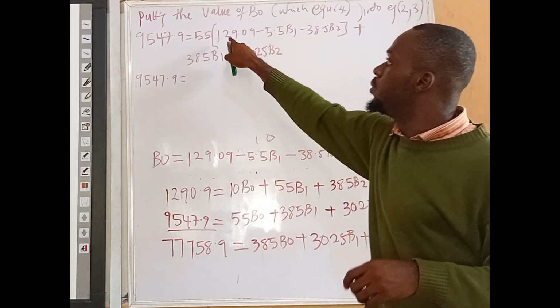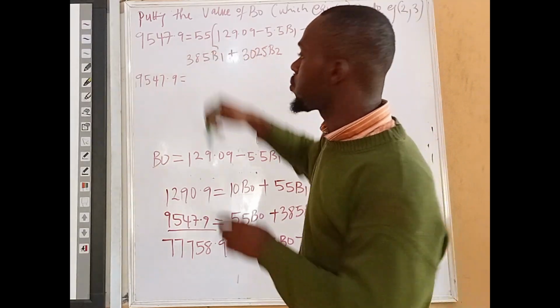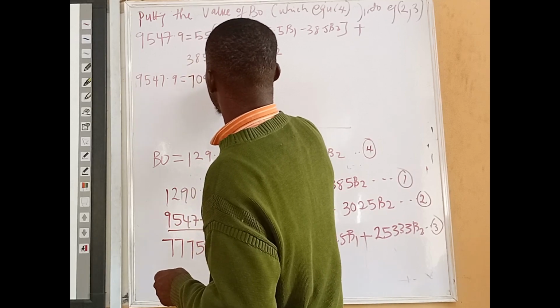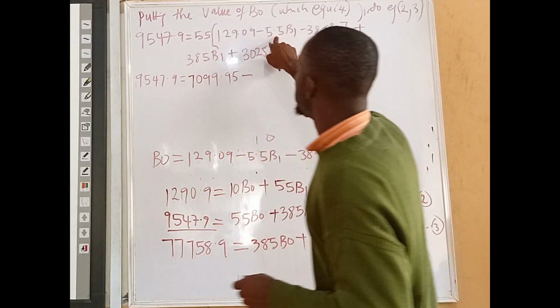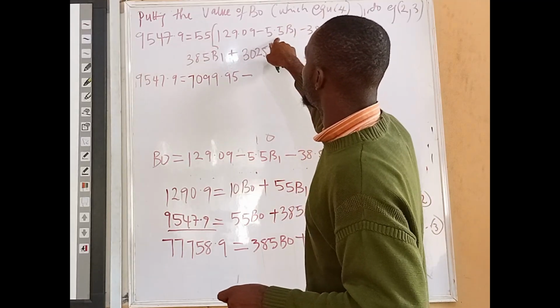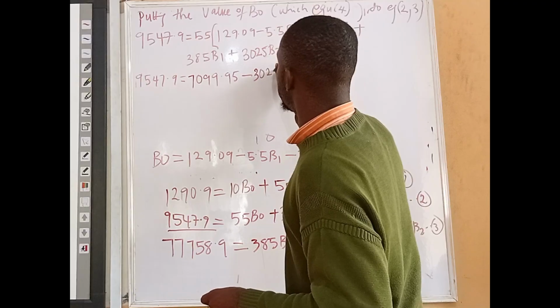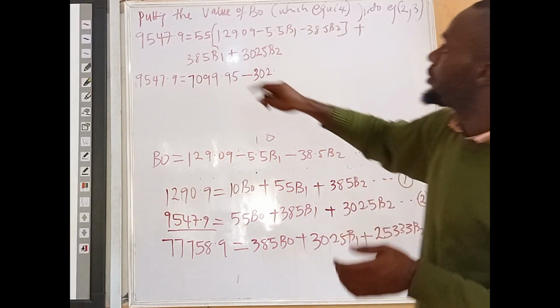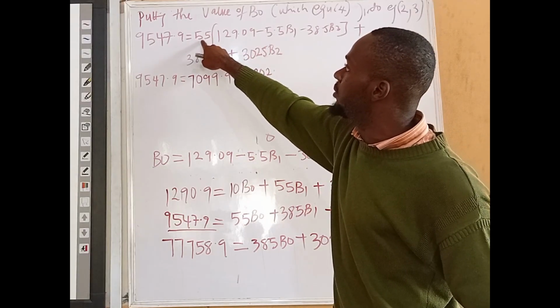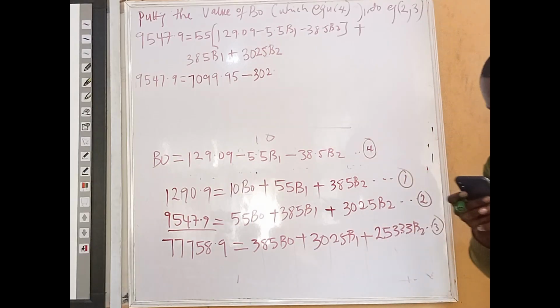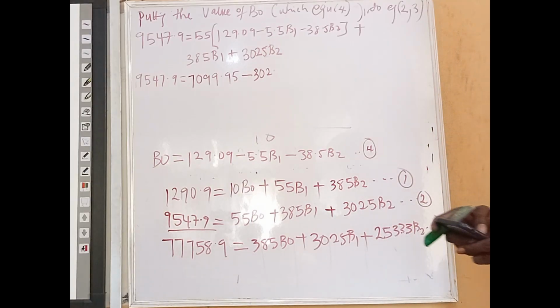So if we open this one, what do we get? We get 7099.95 minus, is it 302? This is 5 times 5.5, 302.5. Five times 129.09, 7099.95.